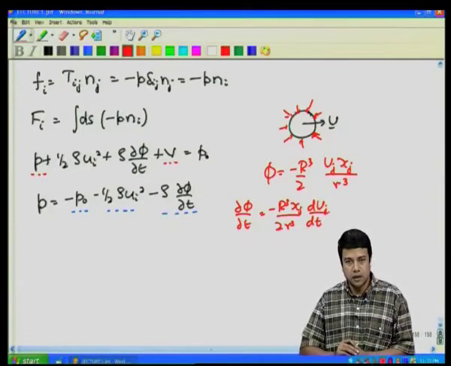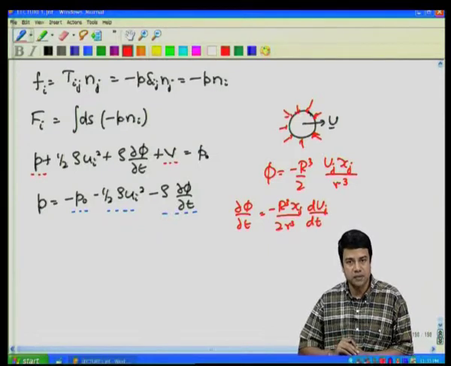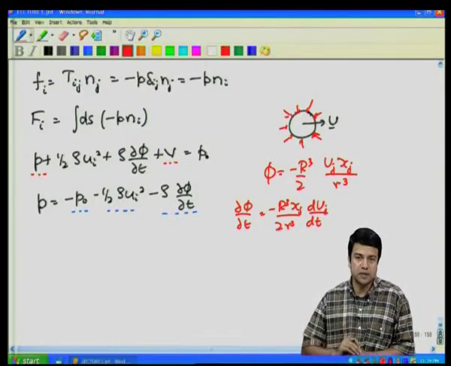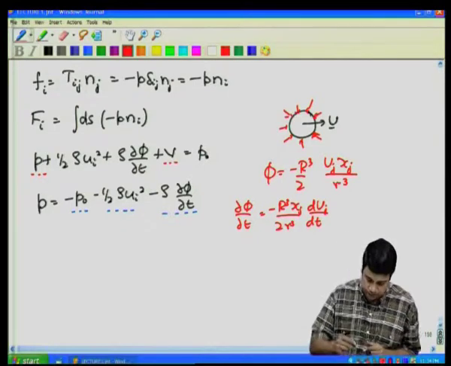However, if we had a steady velocity, is the time derivative of the potential equal to 0? Or if du dt is equal to 0, does it mean that partial phi with respect to t is equal to 0? Turns out it is not. The reason is as follows.